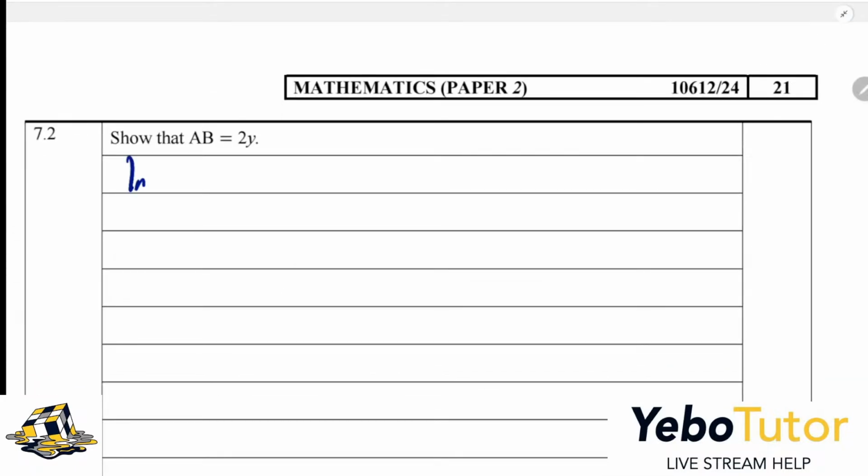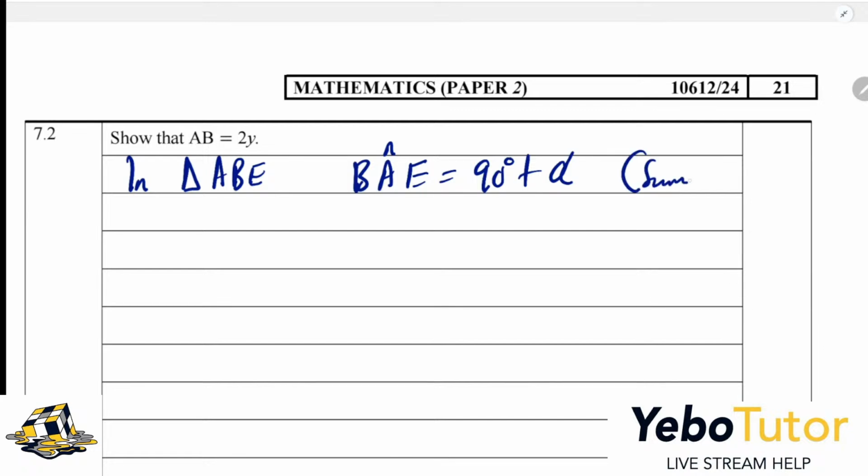In triangle ABE, we can see that BAE will be equal to 90 degrees plus alpha, sum of angles of the triangle as I showed you above.